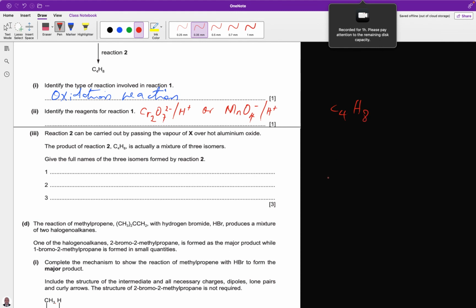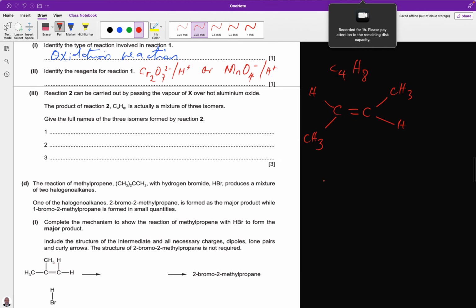In that case, we can have a double bond, a compound like this. We can have a compound like this one, and in that case, this is a trans isomer.